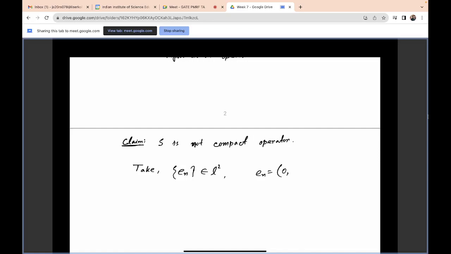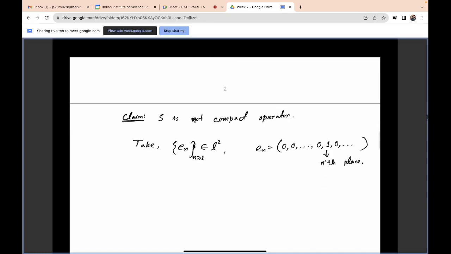En is 0, 0, dot dot dot, 0, 1, 0, dot dot dot, where 1 is in the nth place, for n greater than or equal to 1. So e1 is 1 0 0 dot dot dot, e2 is 0 1 0 0 0, like this.